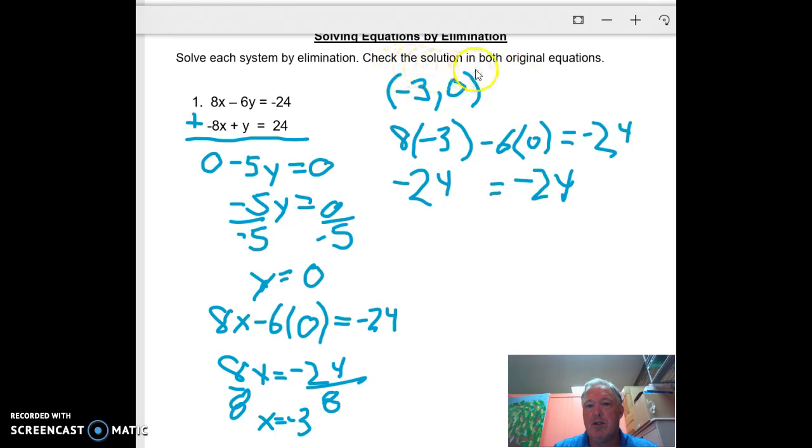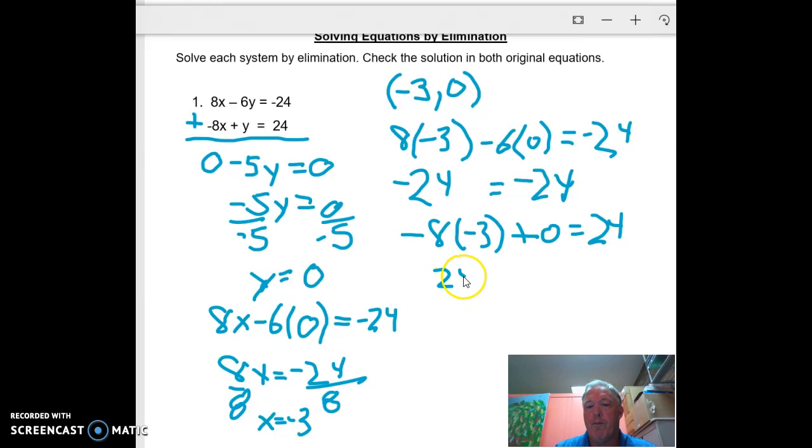Let's plug it into the next one. It says plug the solution into both equations. So now we have a negative 8x. And what is x equal to? Negative 3. So we have negative 8 times negative 3 plus, what is y equal to? 0. Plus 0. And this says 24 is equal to positive 24. What is negative 8 times negative 3?